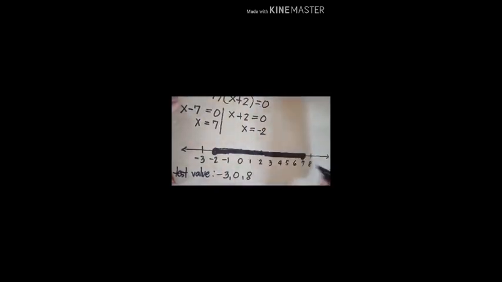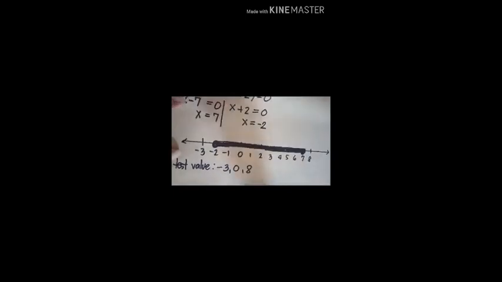So, if we're going to enumerate the elements of our solution set, then, therefore, we are going to have negative 2, negative 1, 0, 1, 2, 3, 4, 5, 6, and 7.